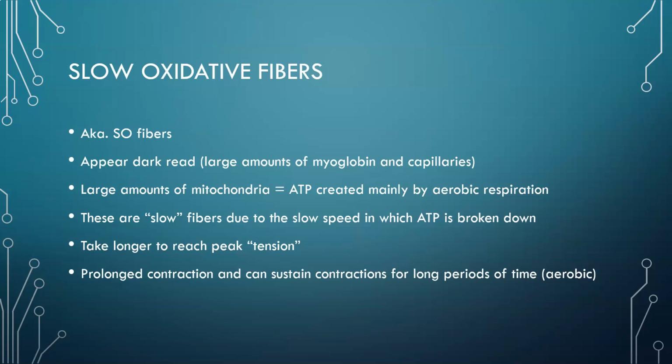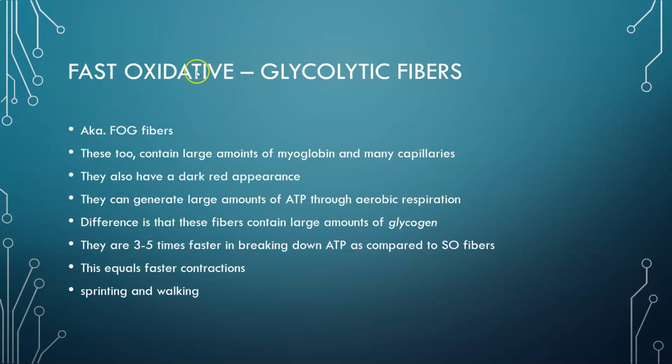So this type of muscle fiber takes a longer period of time to reach peak tension, but these muscles are really good at sustaining contractions for long periods of time. Because of this aerobic metabolism, there's lots of ATP, so they can prolong their contractions for very, very long periods of time.